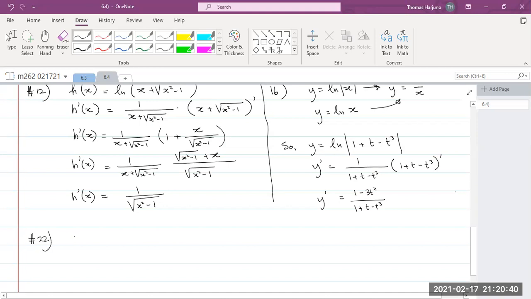Number 22, y equals natural log of absolute value of cosine of natural log of x. Wow, that's a lot of chain rule here. So y prime equals 1 over cosine of natural log of x times the derivative of cosine of natural log of x.